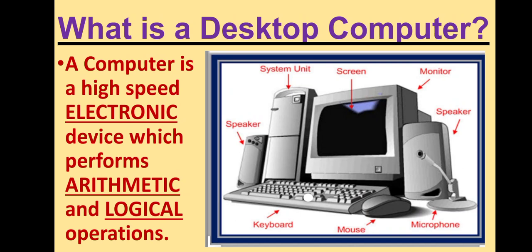In desktop computer, as you can see in the picture, there are many peripherals or parts like monitor, keyboard, mouse, speaker, etc. connected to a system unit. As per definition, it is an electronic device which performs arithmetic and logical operations. This definition we will decode in our next slides.